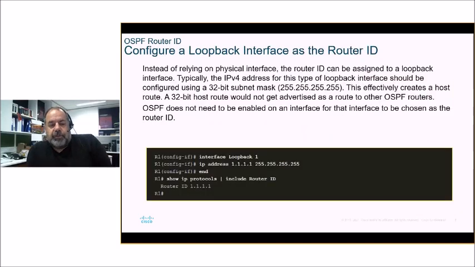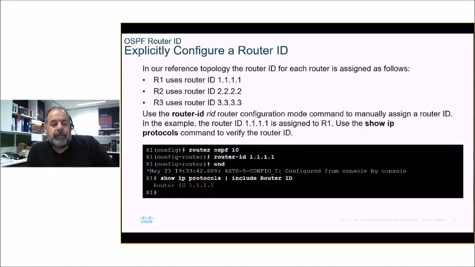Of course, a loopback interface is a way you can do it, and as you can see in the config snippet, you enter interface loopback 1, and then you go into interface mode. You can set an IP address, and as you can see, it's got a 32-bit mask, which means it's a host address, not a network address. Then if you start OSPF, the router ID would be that, if you haven't done a router-id command.